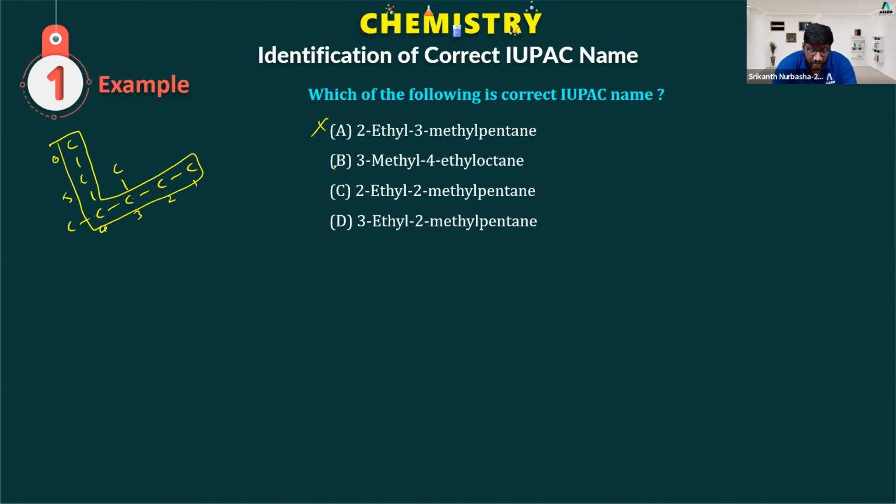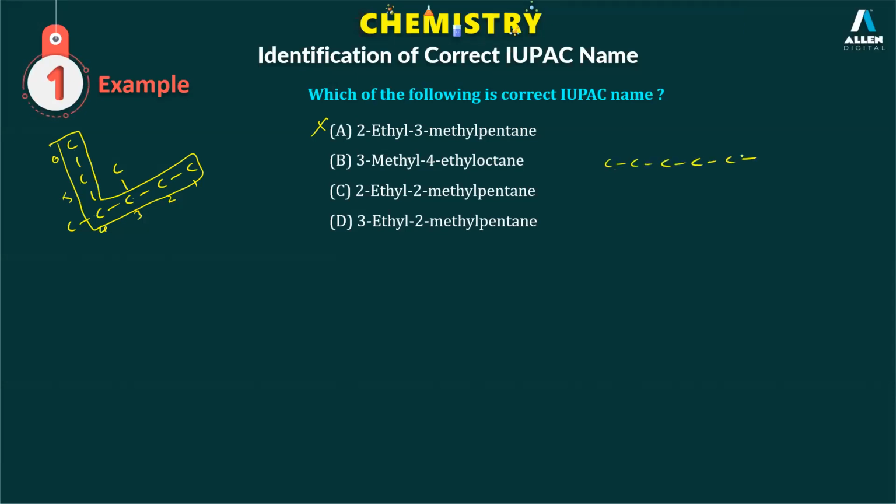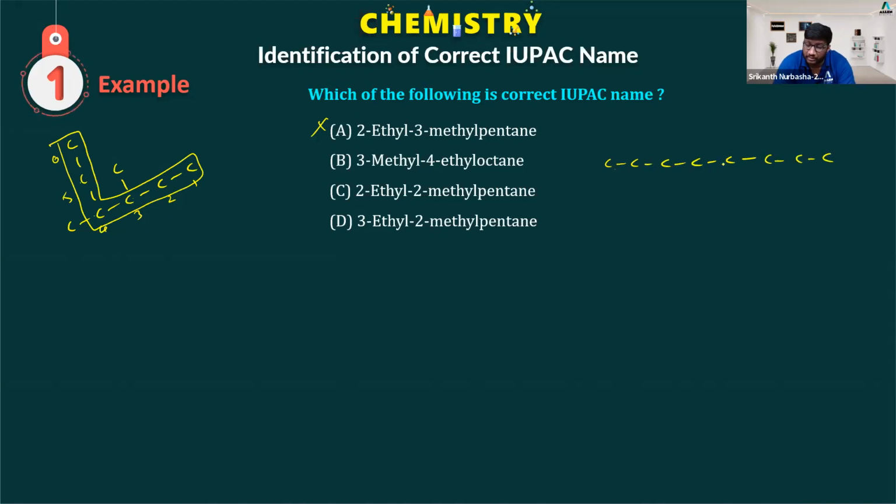Look at B, all of you. 3-methyl-4-ethyloctane. So try to name this. Octane means 1, 2, 3, 4, 5, 6, 7, 8, 8 carbons are there.